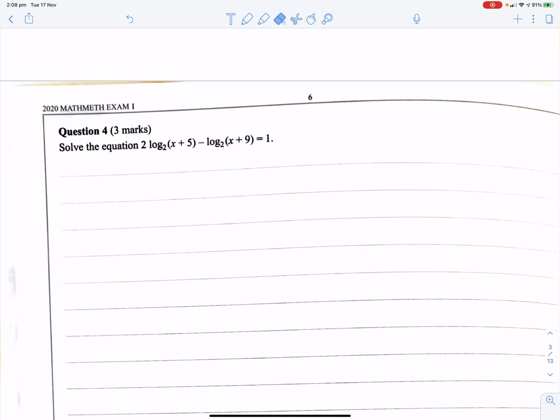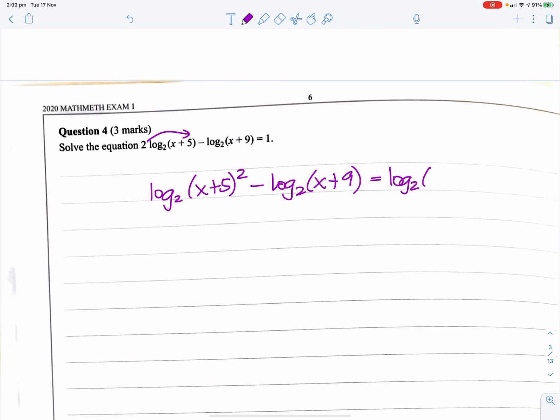Okay, here we've got to bring our 2 up first because it's a log. So I'm going to say log 2 of x plus 5 squared minus log 2 of x plus 9 is equal to log 2 of 2. From this, we know x plus 5 has to be greater than 0, so x has to be greater than -5.